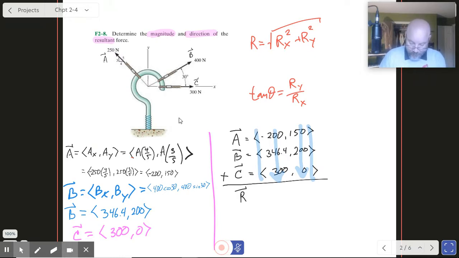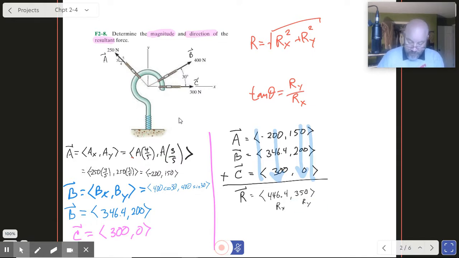All right. So all I have to do is add those things in columns. So we get here 446.4. Don't forget that it's a negative 200. Watch out for that. And then 350. Okay. So now I've got my Rx and I've got my Ry. Here's Rx. Here's Ry.